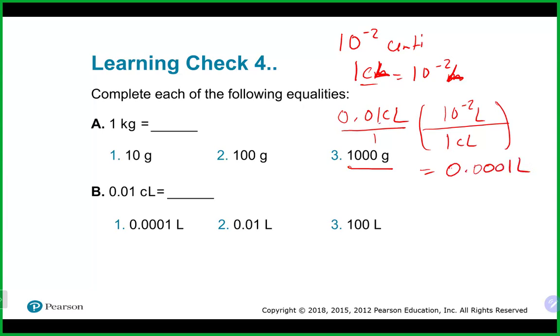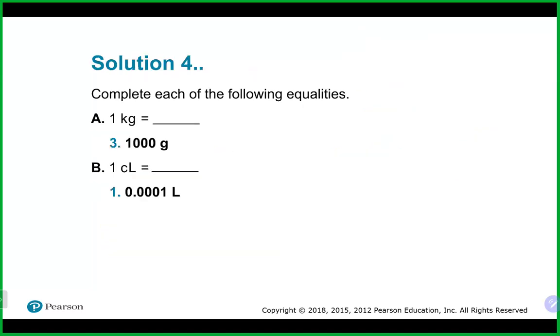The centiliters on top and bottom will cancel. Once again, we're multiplying the top and dividing the bottom. So it looks like it should be that one, even though I feel like they're going to choose the wrong one. Oh, they did choose the right one. That's good. Any questions on those?